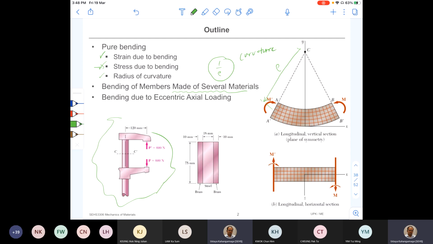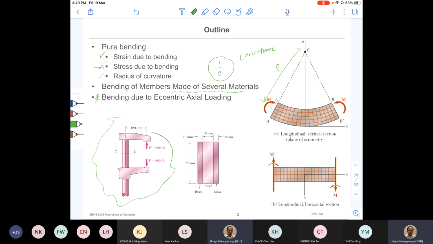So today, what I'm going to introduce to you is a special load application case we call eccentric axial loading, where internally the member is subjected to two internal resistive loads. One is axial load and the second one is the bending moment.